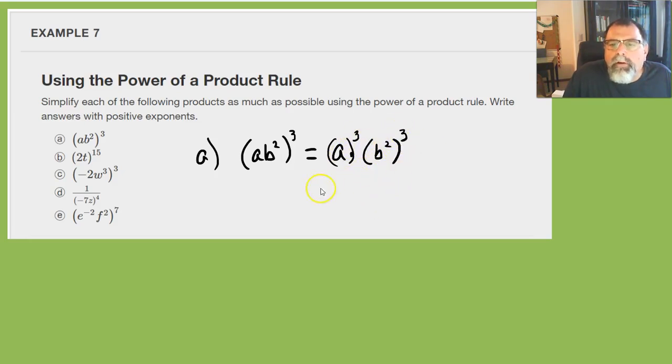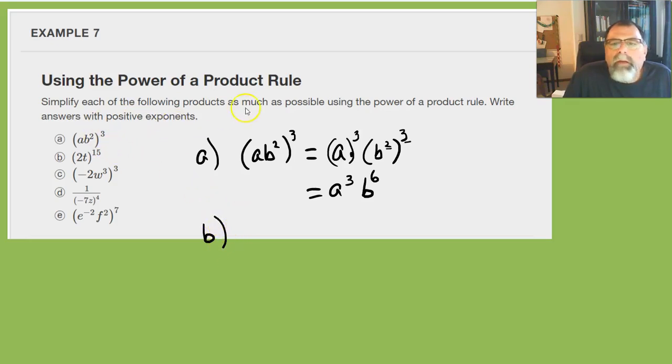So a to the 3rd, well, that's just a³. And then here we've got to use power of a power. So 2 times 3 is 6. And of course, once you get practice at this, you can skip that step and just go straight to the answer.